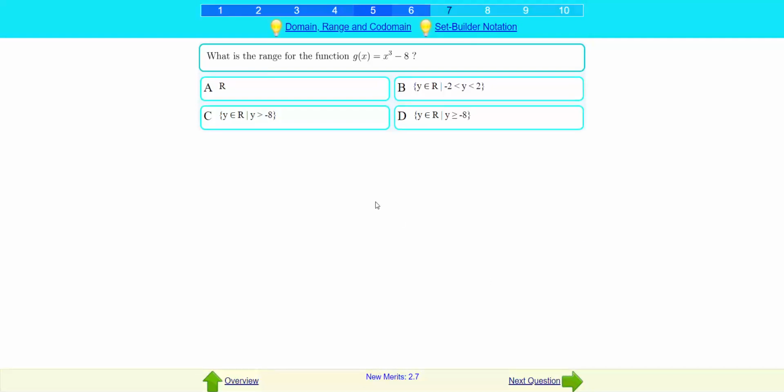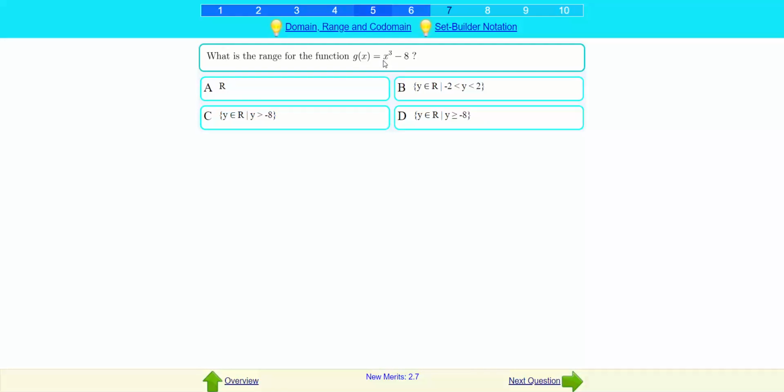Next question. What is the range for the function x cubed minus 8? It's not the domain, the range. So the range could be the real numbers. Assuming this is the starting point at 0, you have minus 8.